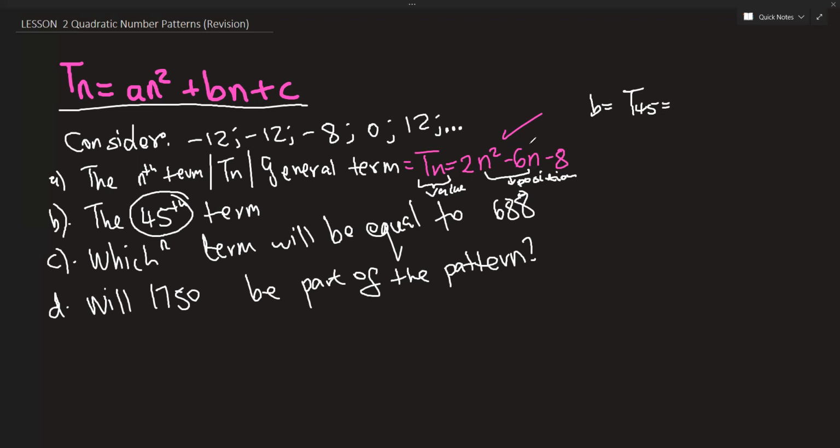So I'm going to come this side. So it's 2, where there's n, I open a bracket, squared minus 6, bracket minus 8. Then I'm going to put 45 where the n is, because the position is 45, right? Now let's quickly find the value of that.